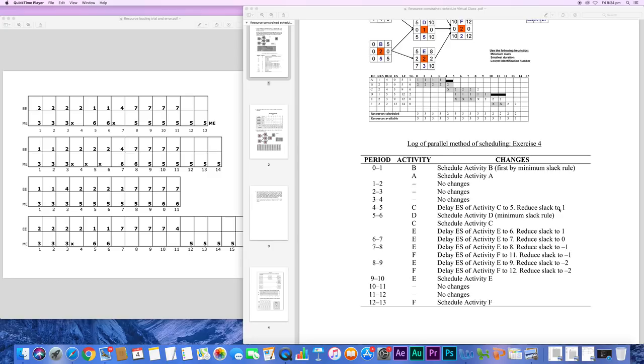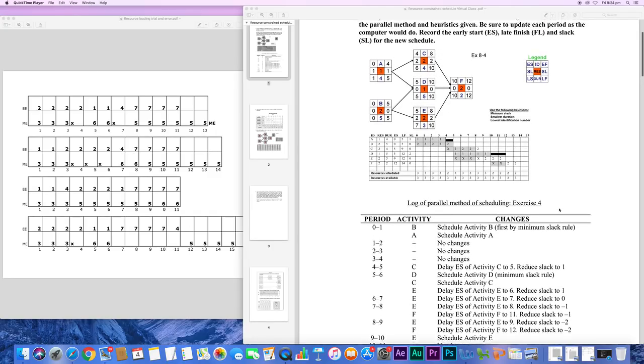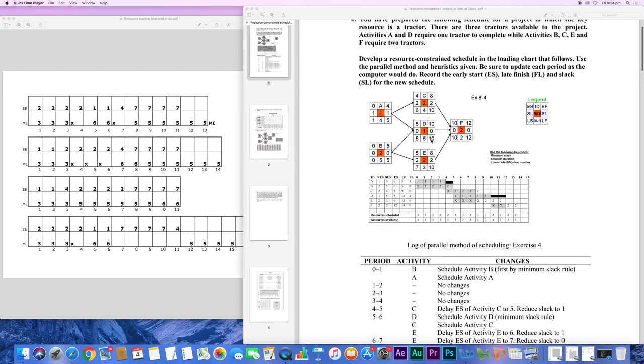Let's see which one to schedule next, activity D or E, because both are starting at the 5th period. However, activity D has less slack than activity E, and it's logical anyway because it's using one resource. So we schedule activity D here.